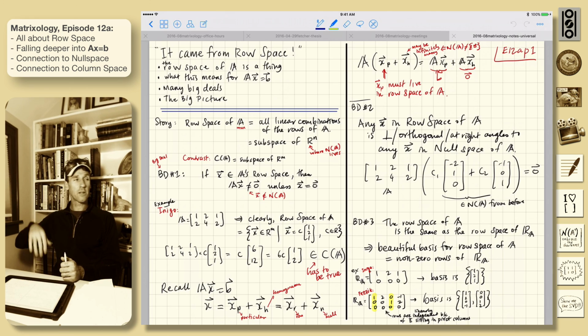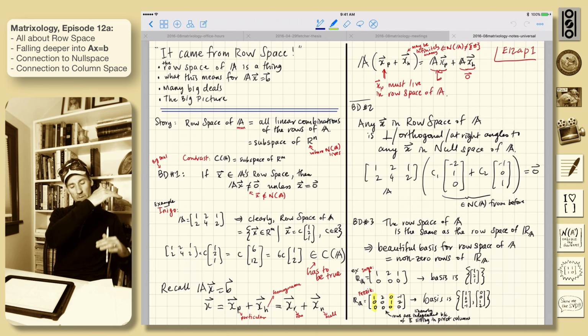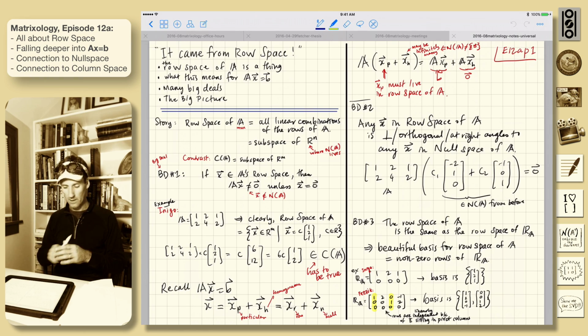Then we have this beautiful thing, the row space. While we do a lot of damage to the columns, we preserve the relationships between the columns when we do row operations. We mess with the rows, but we don't change the subspace: all linear combinations of the rows of A and all linear combinations of the reduced row echelon form of A both produce the same thing. It's good.